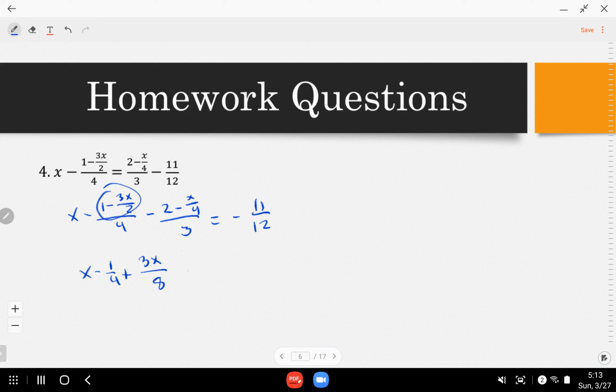I did 3x over 2 over 4, so basically it is 3x over 8. And then we have plus x over 12. Well, it's plus, two negatives.